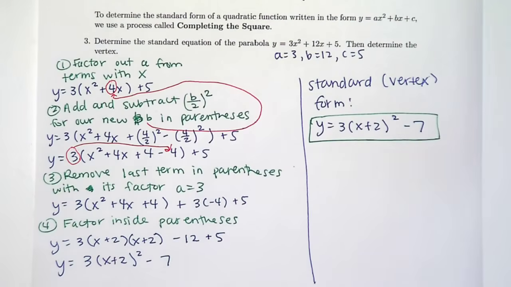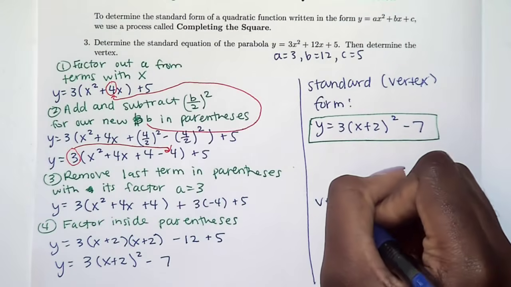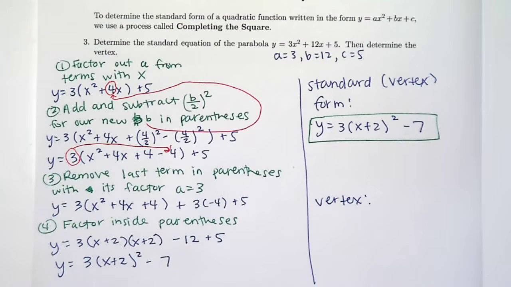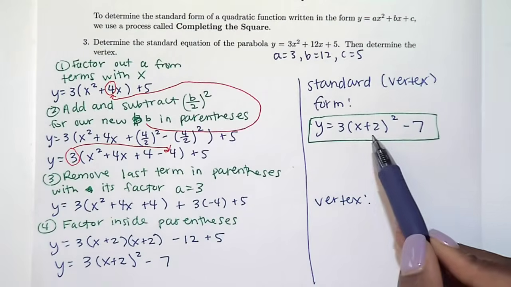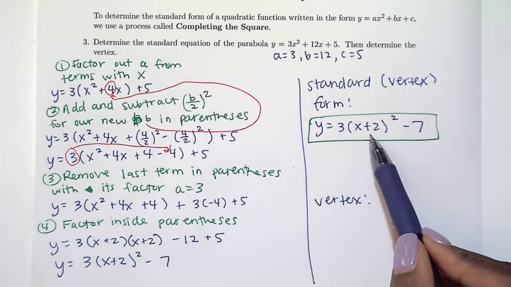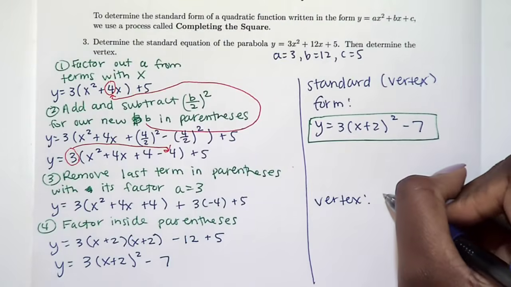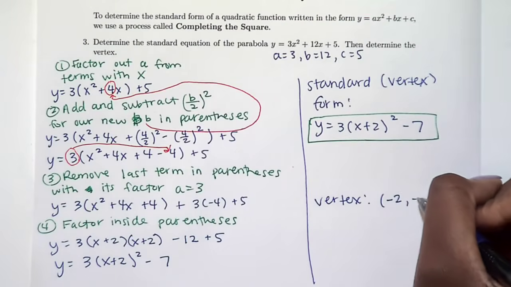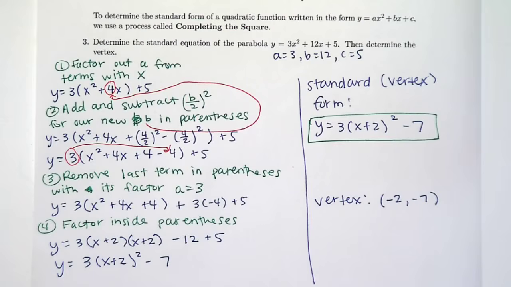All right, and so from here, we should be able to point out the vertex of our parabola. So the x value for the vertex, well, we have +2, but we know it's always the opposite of that, so it should be -2 and -7 is our vertex.